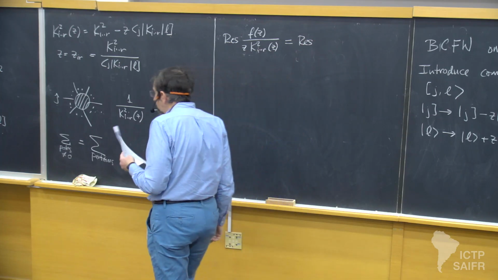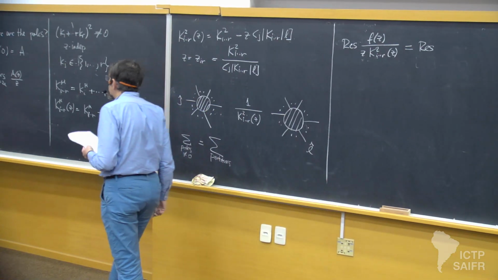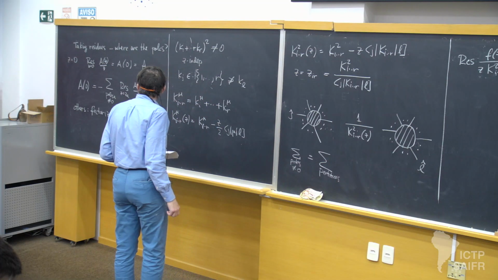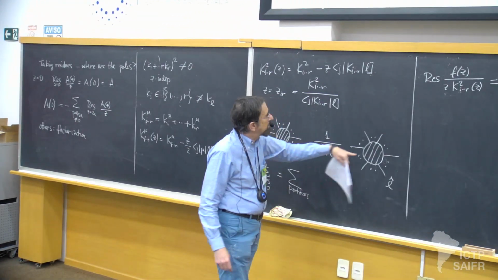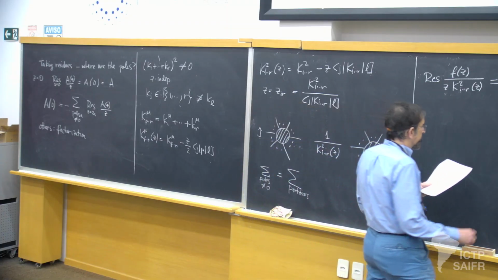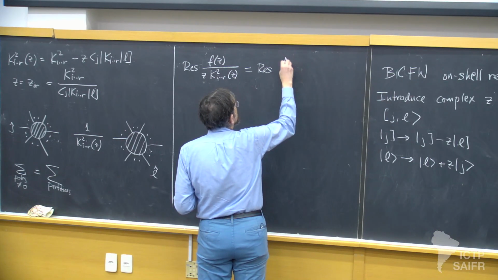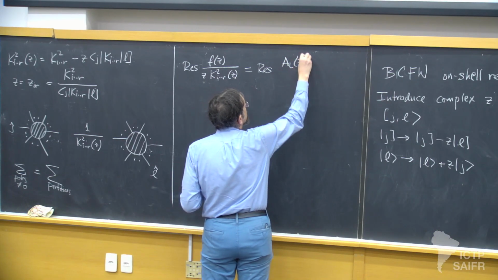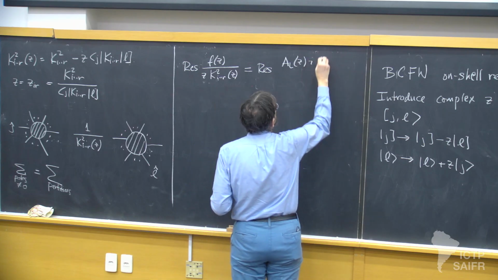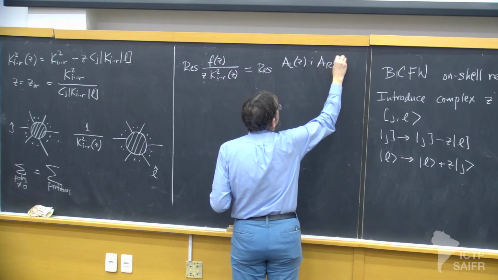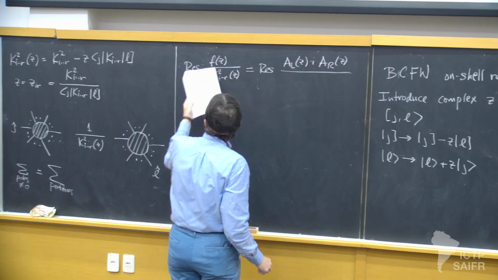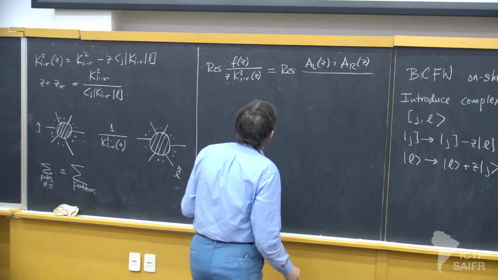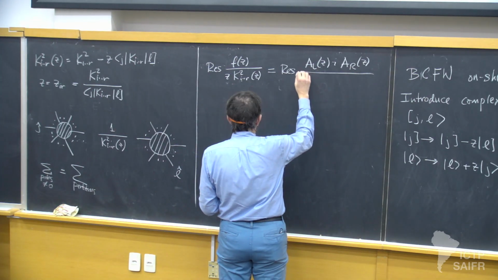So we know what the factorization looks like. We get a left amplitude and a right amplitude. So we're going to take the residue of that object. There's an I for the propagator and the right amplitude. And then I'm just going to rewrite this in terms of z_IR.